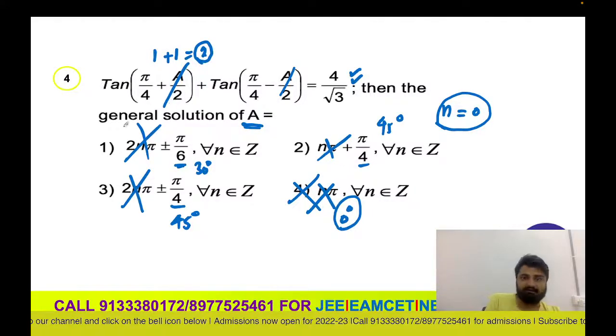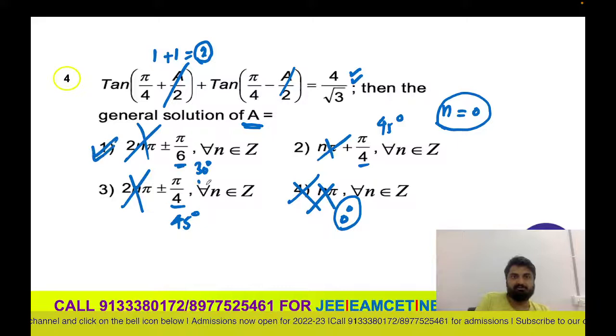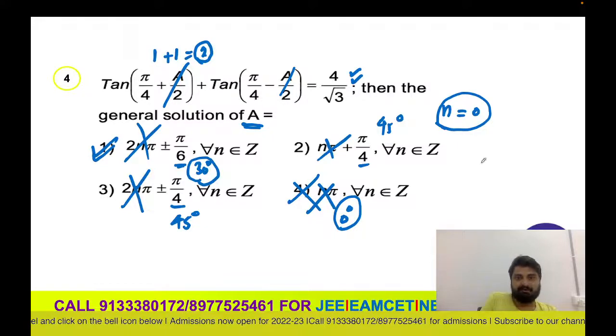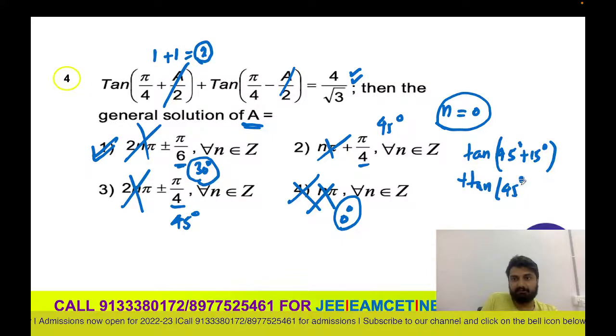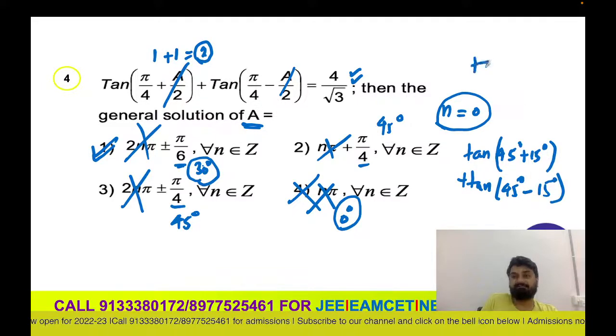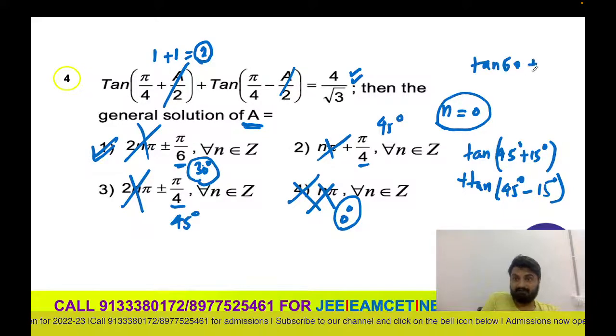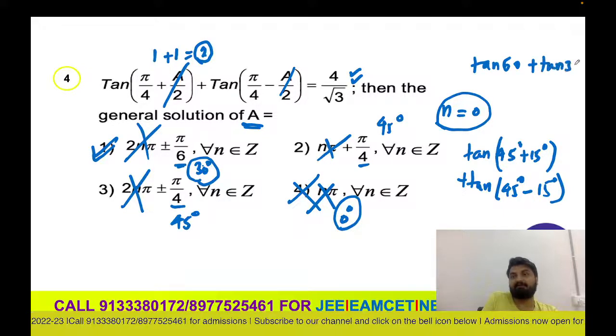So the fourth option is eliminated. Now we will look at the first option. First option, a value is 30 degrees. So let's look at it. Tan of pi by 4 is 45, this is a by 2, 30 by 2 is nothing but 15 degrees. And what about this? This is tan of pi by 4, 45 minus, again 30 by 2, which is again 15 degrees. Tan 45 plus 15 is tan 60. Tan 45 minus 15 is nothing but tan 30.